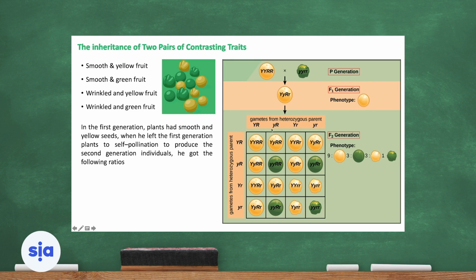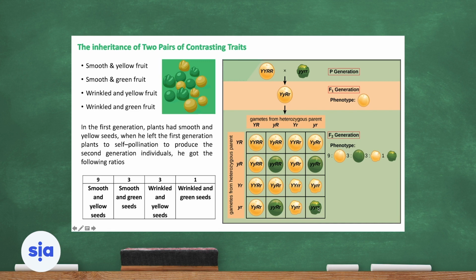And this is the ratio of the second generation. 9 will be yellow and rounded, smooth; 3 green and rounded or smooth; 3 yellow and wrinkled, and only 1 green and wrinkled. Here are the ratios, 9 to 3 to 3 to 1: 9 smooth and yellow, 3 smooth and green, 3 wrinkled and yellow, 1 wrinkled and green.